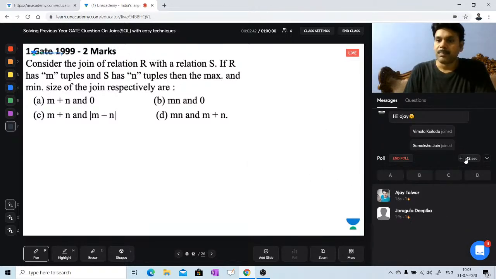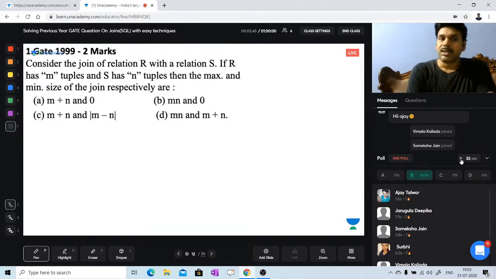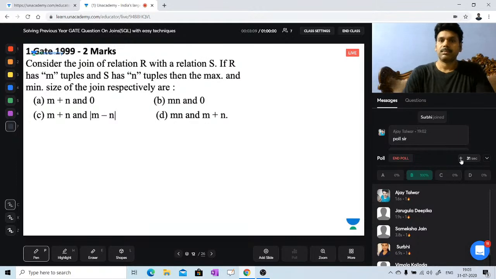So take your time. Consider the relations R and S. We would like to see what the maximum and minimum size of the join of R and S is, respectively. Please give an answer before the timing ends.